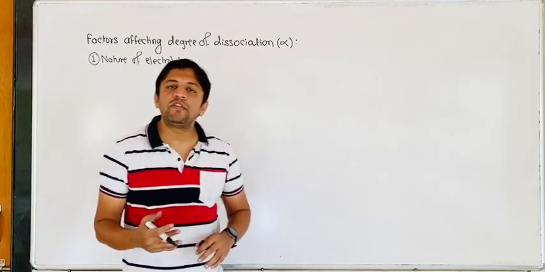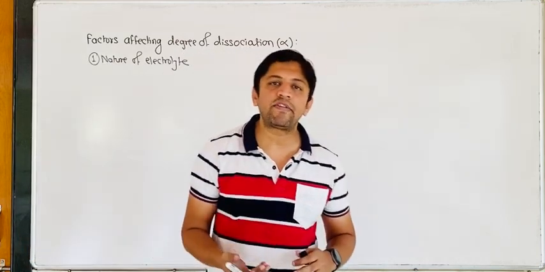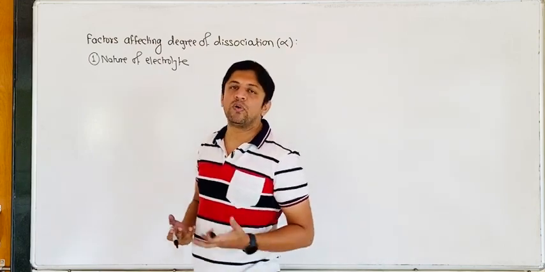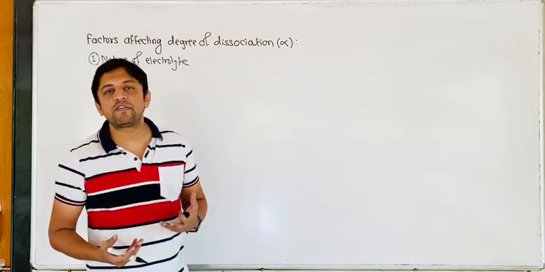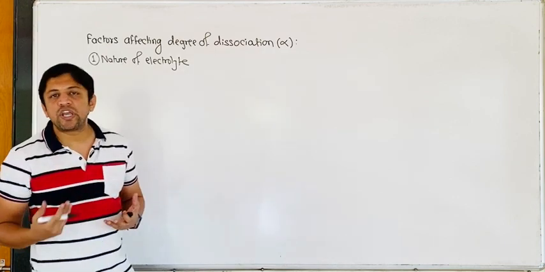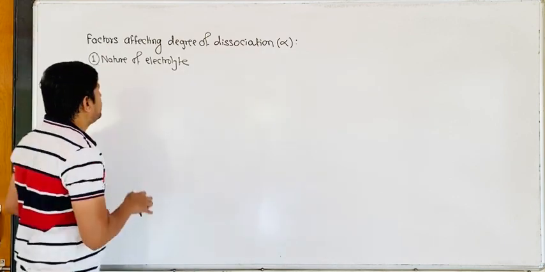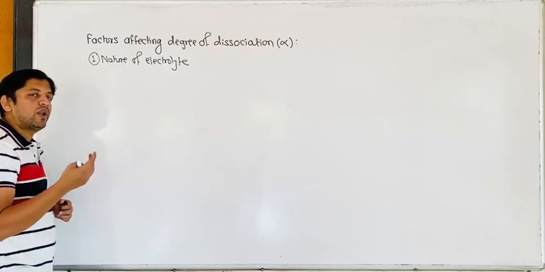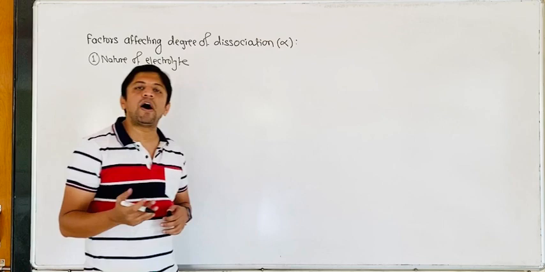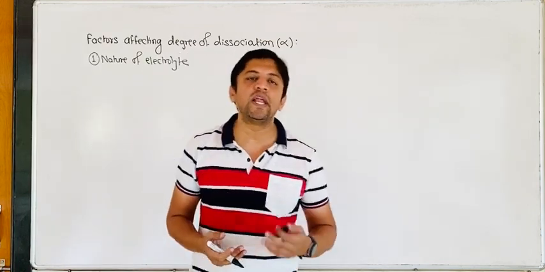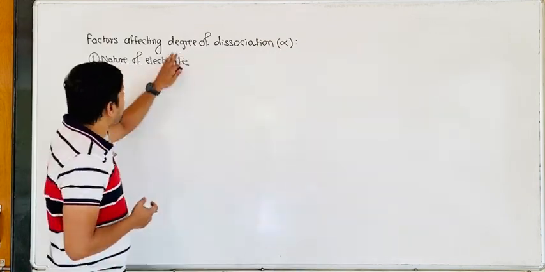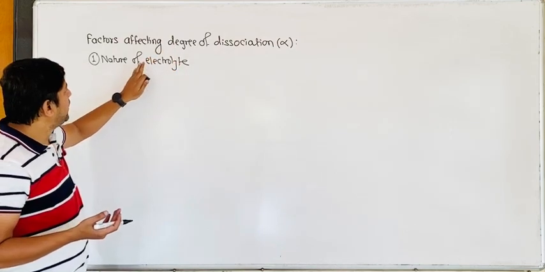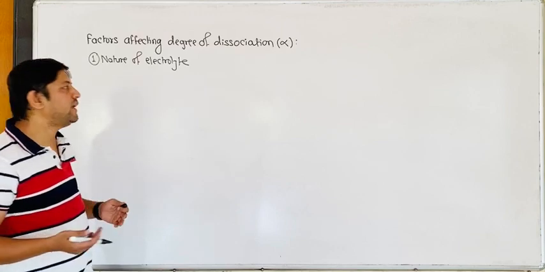If the electrolyte is a strong electrolyte, like strong acids HI, HBr, H2SO4, HNO3, HClO4, or strong bases like NaOH, KOH, Ba(OH)2, those will have the tendency to undergo complete ionization. As they undergo complete ionization, their alpha is almost equal to 1. That means the degree of dissociation is more for a strong electrolyte, whereas the degree of dissociation of a weak electrolyte is less.